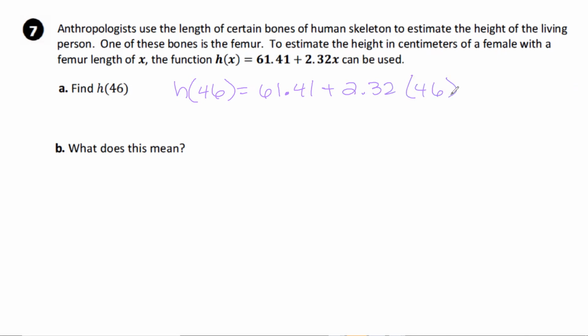All right, I'm going to need your help because I don't know how to do this in my head. You pull up Desmos and tell me what 2.32 times 46 is. We're pulling up Desmos, multiplying 2.32 times 46. That might help me out.